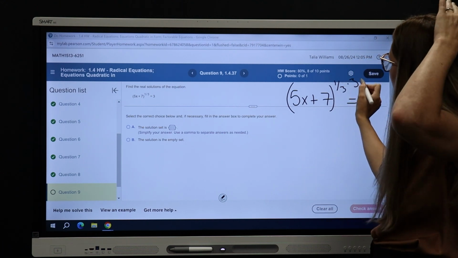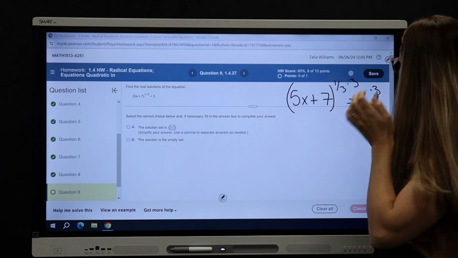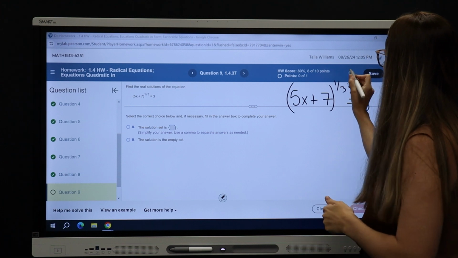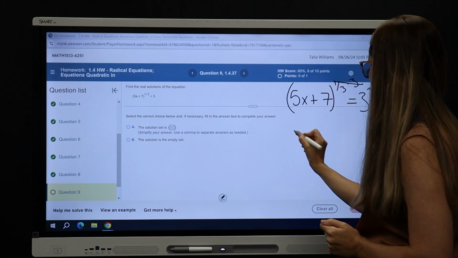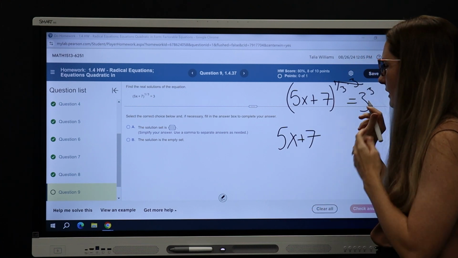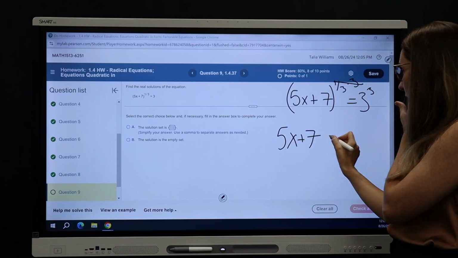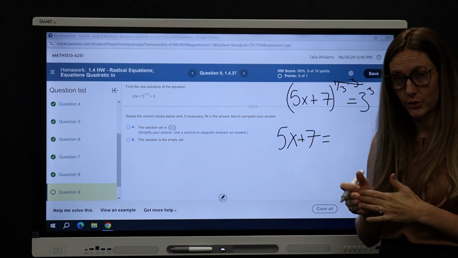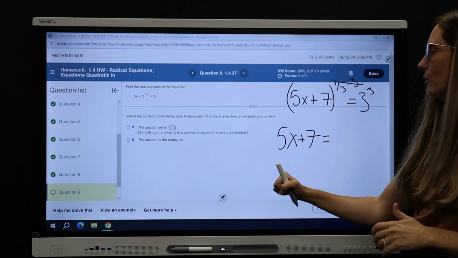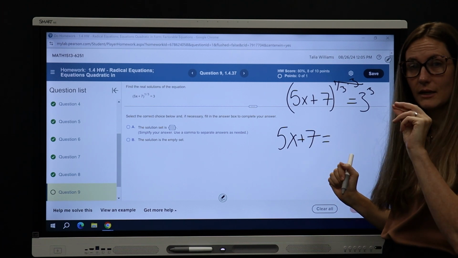So when I do 3 times 1/3, this is all going to be 1, so I have 5x plus 7, and then remember 3 to the 3rd power is not 3 times 3. This is 3 times 3 times 3.